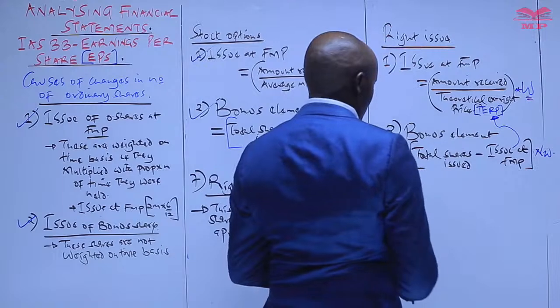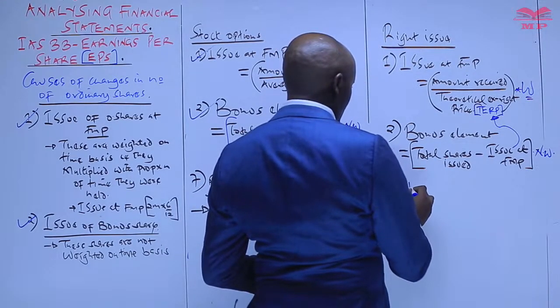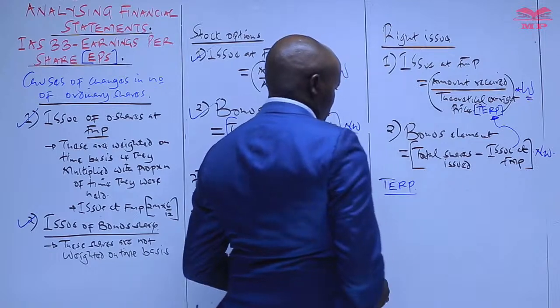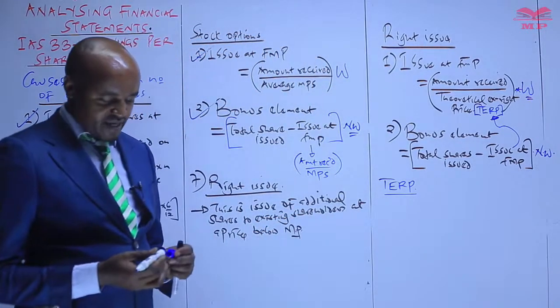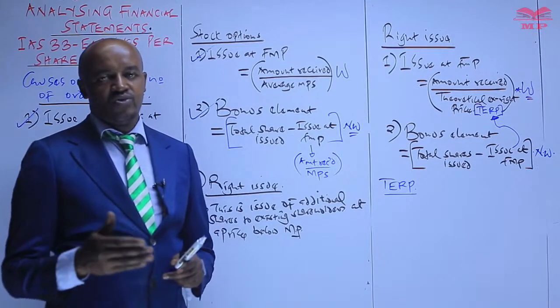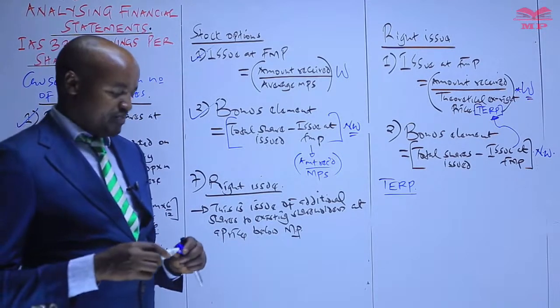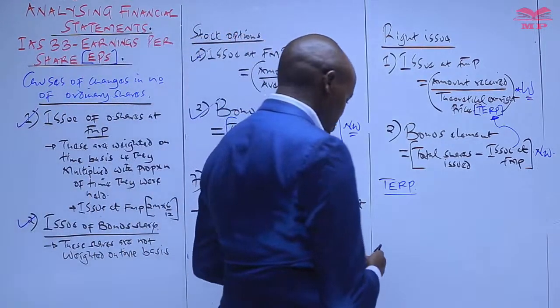So I want to explain what the theoretical ex-right price is. In very simple terms, this is the expected market price per share after the right issue. The price at which the shares of the company will be trading in the securities exchange market after the right issue.